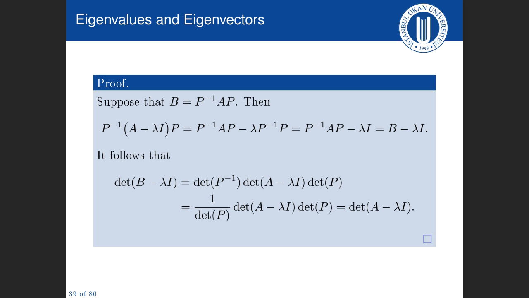The determinant of B minus lambda I must be the same as the determinant of P inverse (A minus lambda I) P. But because P is an invertible matrix, the determinant of P inverse is just 1 divided by the determinant of P. And then, of course, they just cancel out, and we're just left with the determinant of A minus lambda I. That proves that if A and B are similar matrices, then they have the same characteristic polynomial.